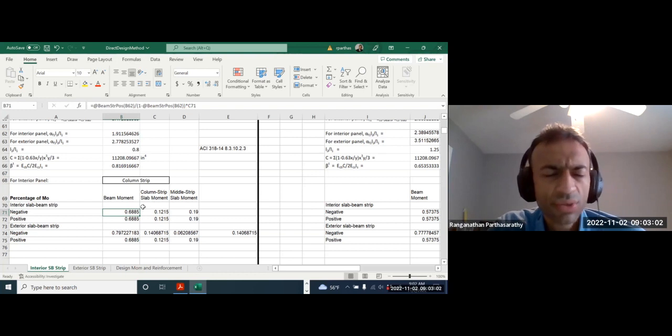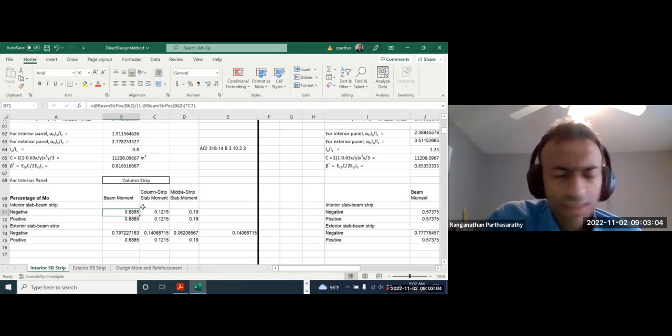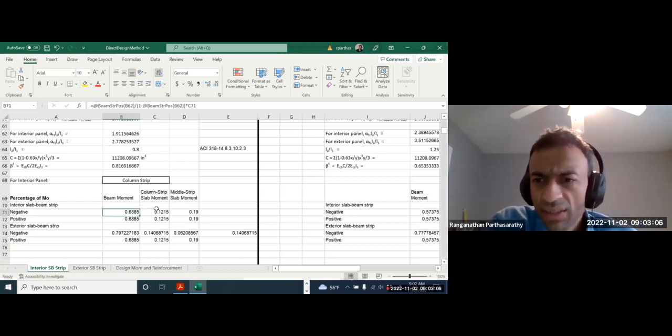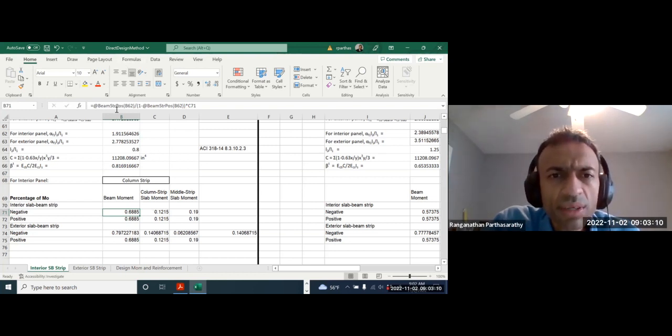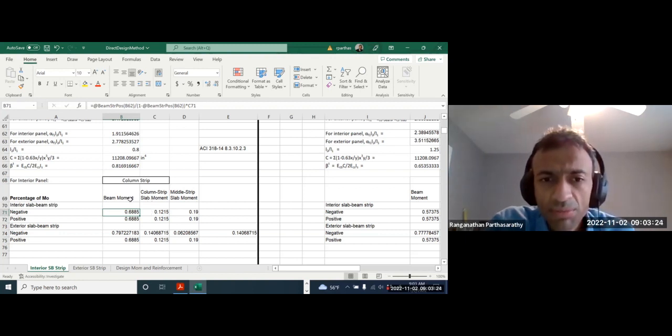You need to write it using VB. It's not that complicated, but I just want to show you where I wrote it. For example, this is beam moment. How much is going to the beam? How much is going to the slab part of the column strip, column strip slab moment, column strip beam moment.